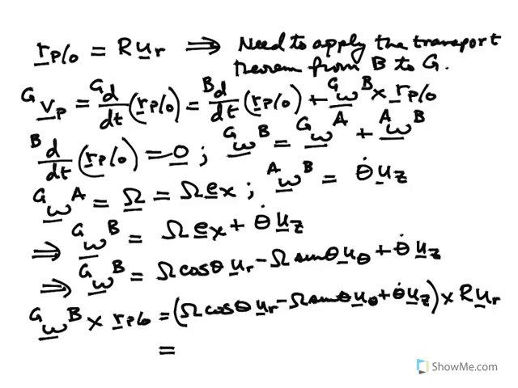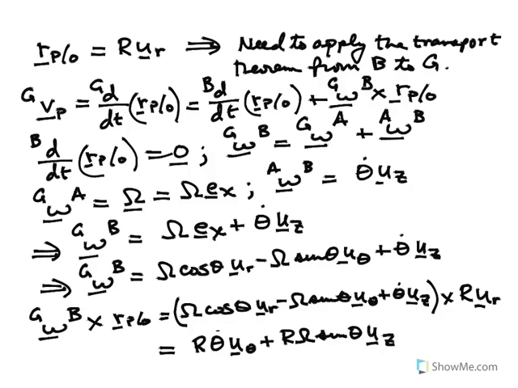Well, U theta crossed with UR is minus UZ, and UZ crossed with UR is U theta. So this gives me r theta dot U theta plus r omega sine theta times UZ. And I flipped the order after I took the cross products. That's how I got that.